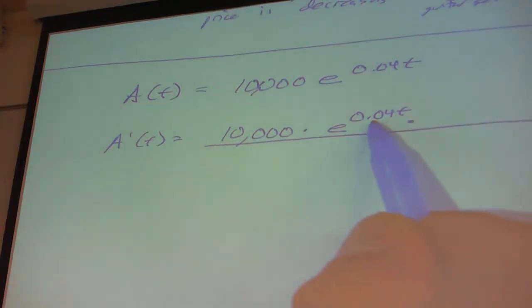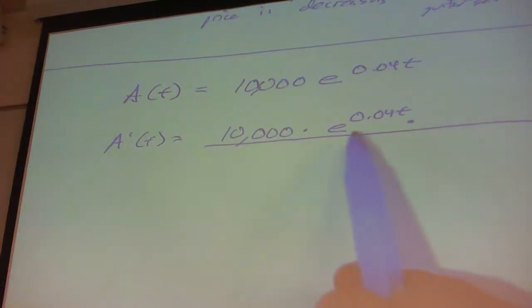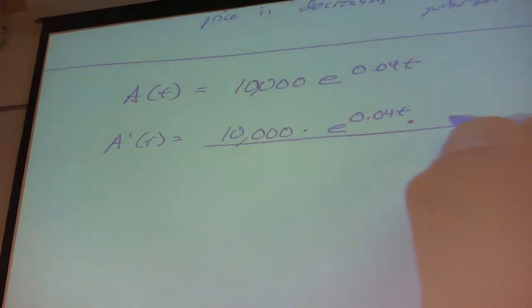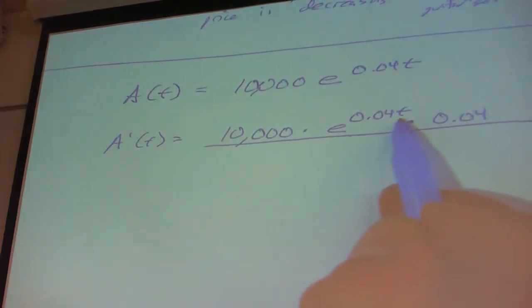If there's a number in front of the x or the t or whatever variable it is, step 1, rewrite it. Step 2, derivative of the exponent. What's the derivative of 0.04t? 0.04. Stop there.